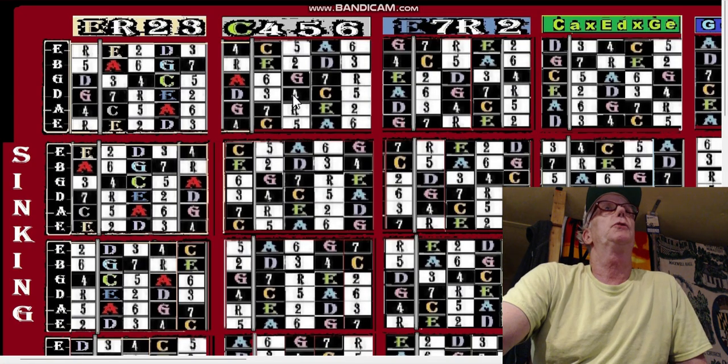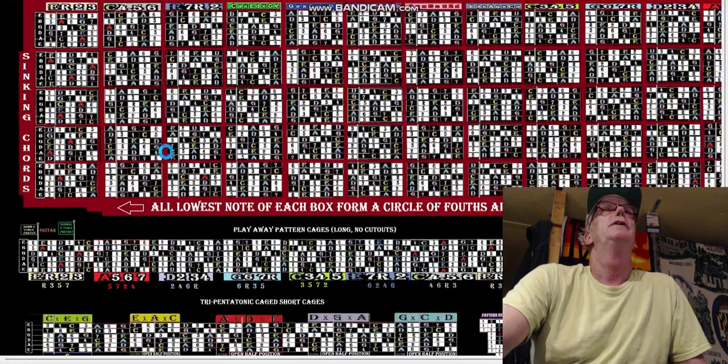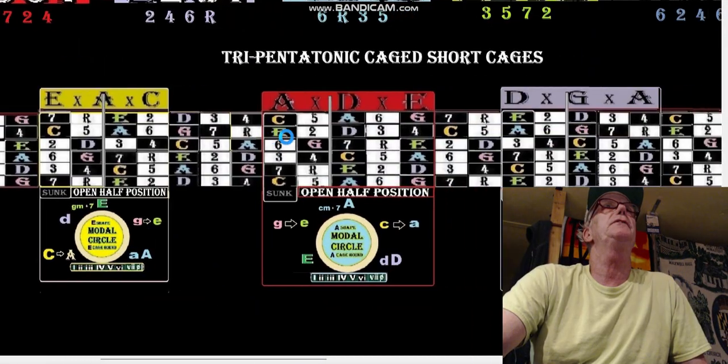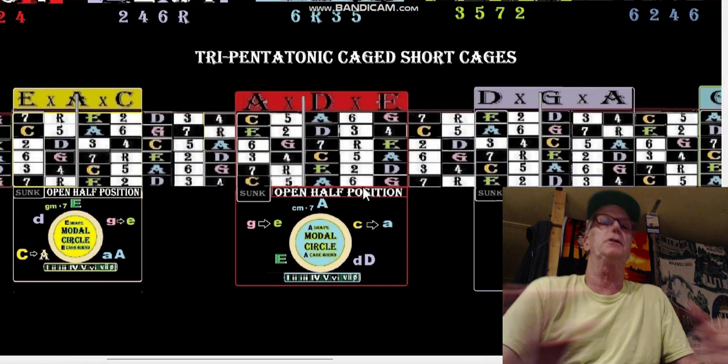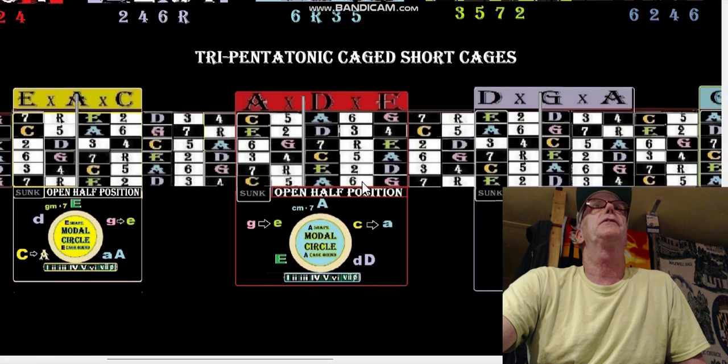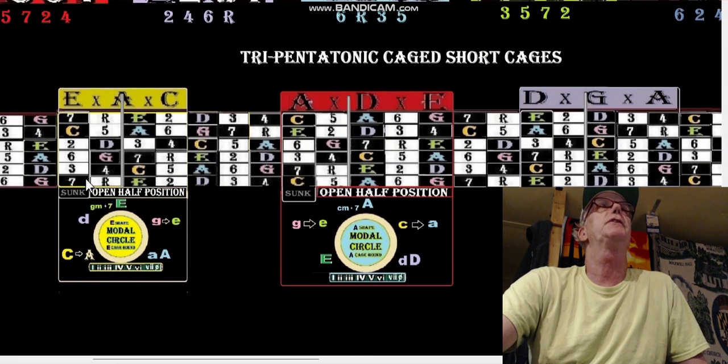Okay, now the short patterns, the tripentatonics, and even some of the pentatonics without being tripentatonic, go 5 frets. 1, 2, 3, 4, 5, but some of them go 4 frets here.